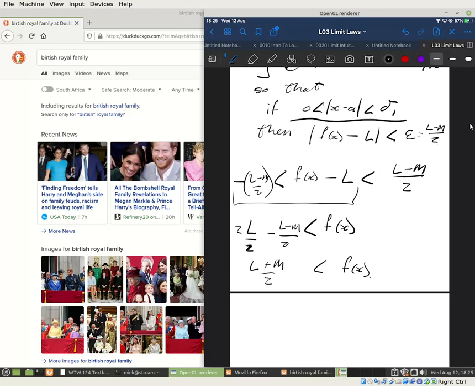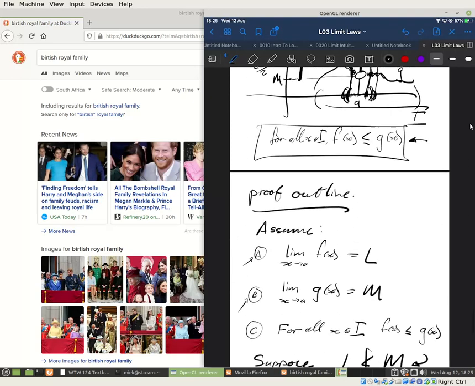So we see here what happens. Under this condition, if we manipulate this a little bit, we see that f of x is always bigger than the average of L and m.